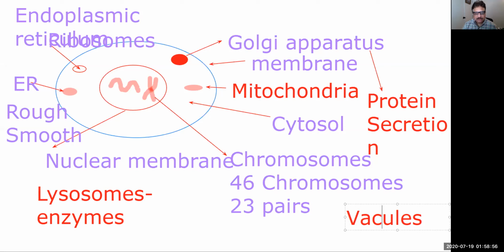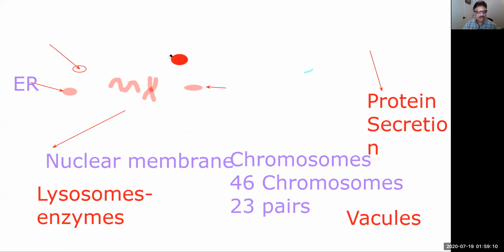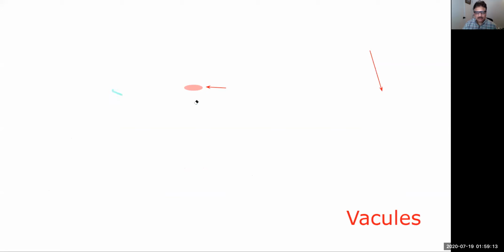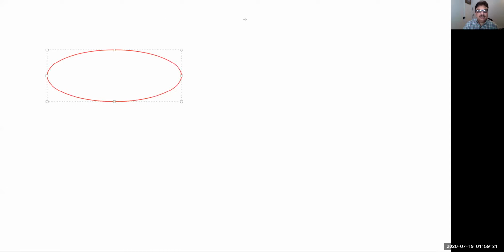So what we discussed here, a bacterial cell and a human cell. A bacterial cell represents prokaryotes and a human cell represents eukaryotes. Now, very briefly, I will talk about plant cells, because plant cells are also eukaryotes. But the major difference in the plant cell is that plants look green.